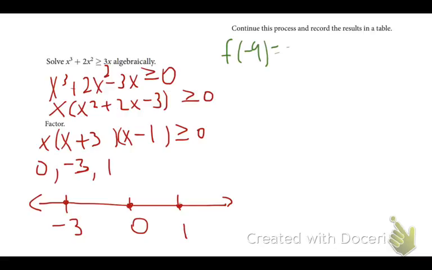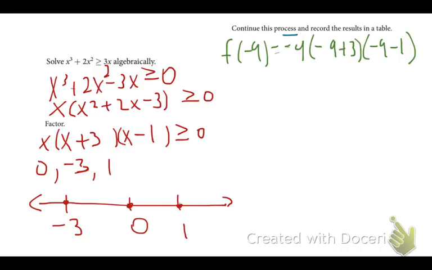So that would give us a -9 times a -9 plus 3 times a -9 minus 1. Okay, you do not have to come up with the numbers. All you have to come up with is the sign. So -9 will automatically be negative.